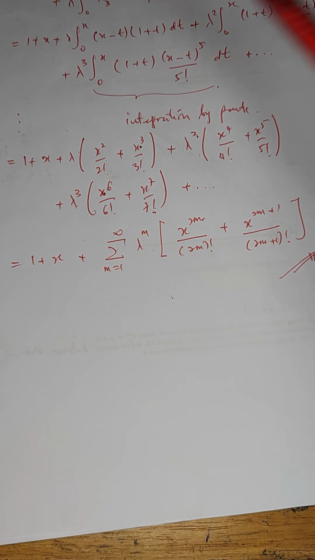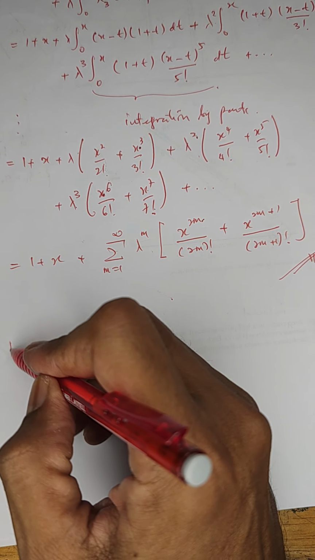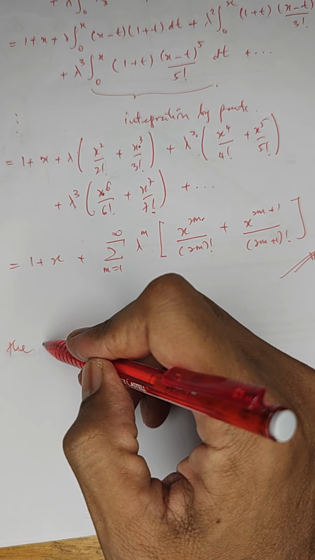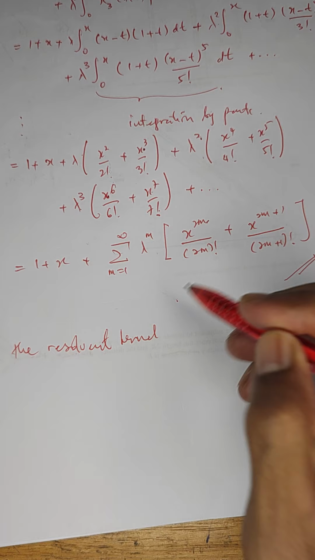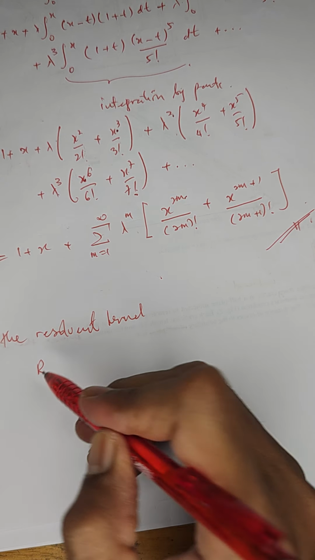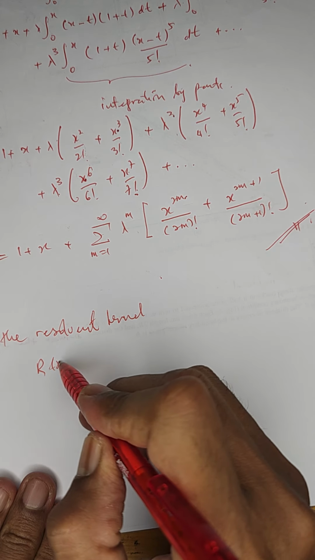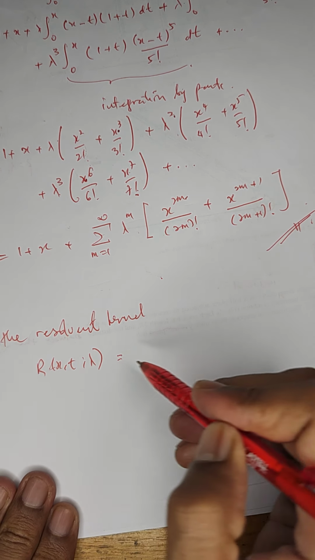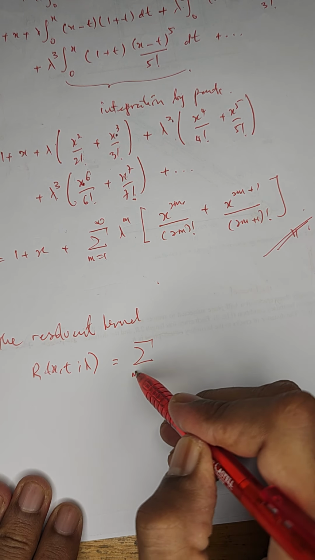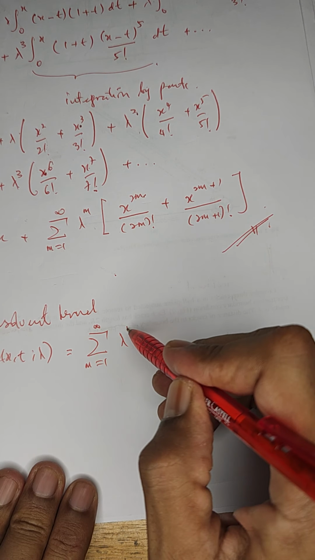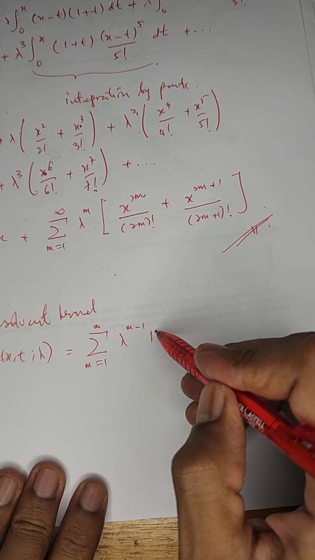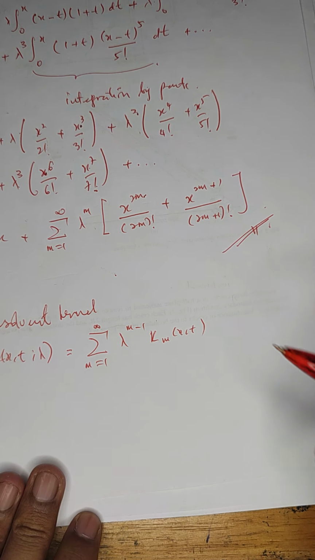Then for the same problem, if you find the resolvent kernel, which you can try yourself, Γ(x,t;lambda) is given by the summation from m equals 1 to infinity of lambda to the m minus 1 times k_m(x,t).